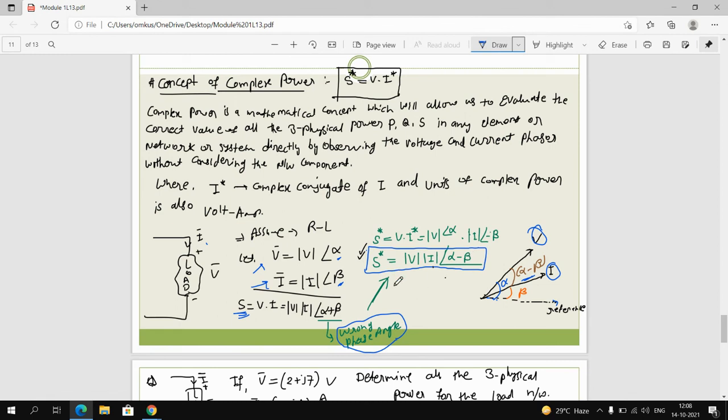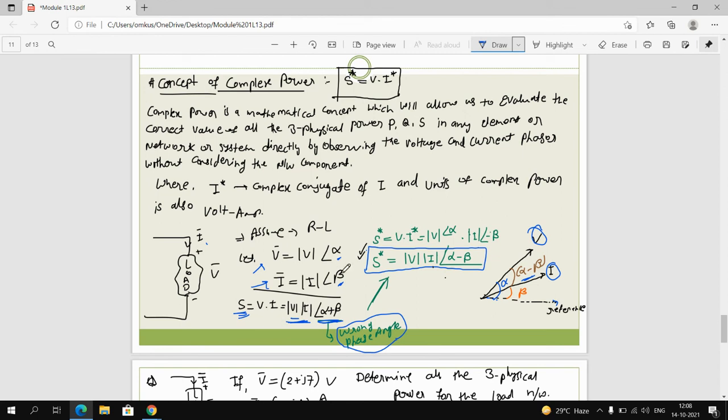But when you directly multiply this value, your real part is the same, but your phasor part is wrong. So actual this is the right value, but when you directly multiply you will get this value. So how to correct it?